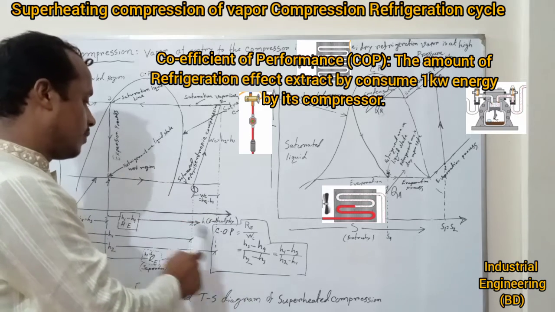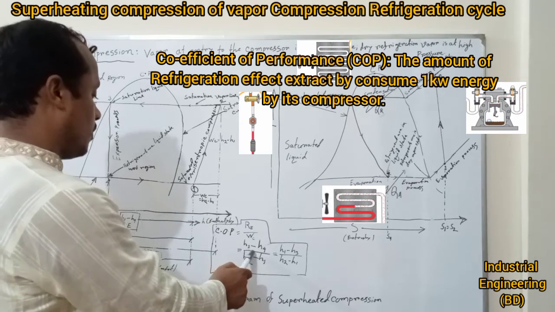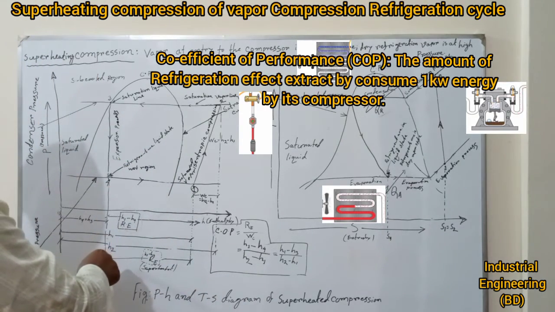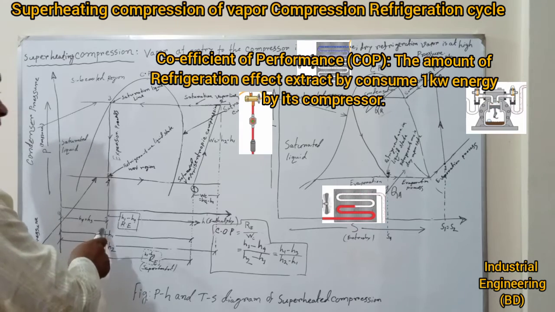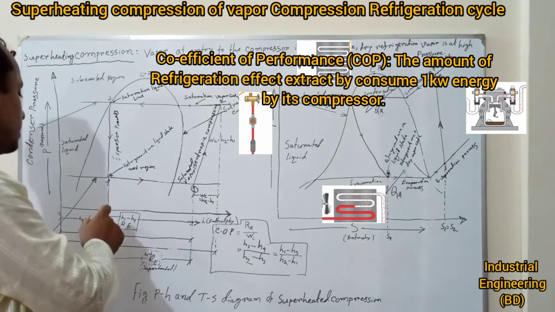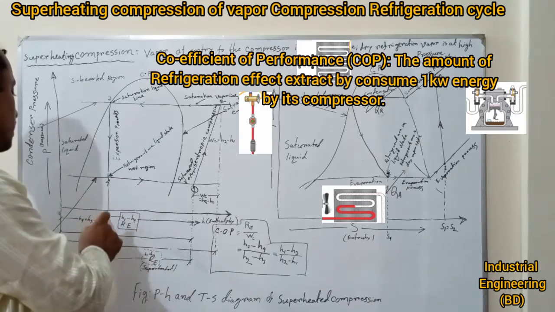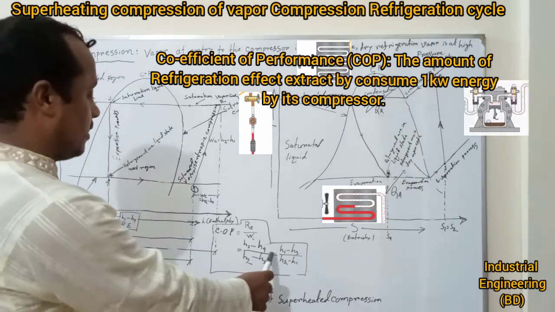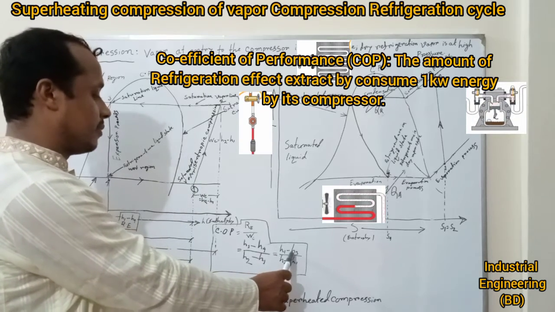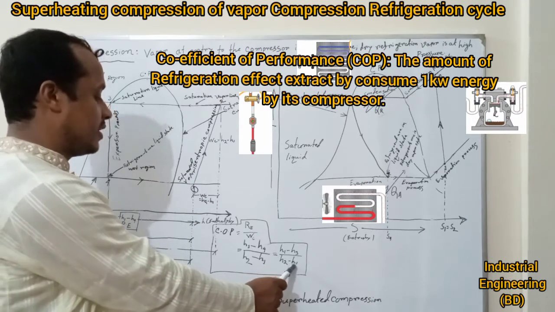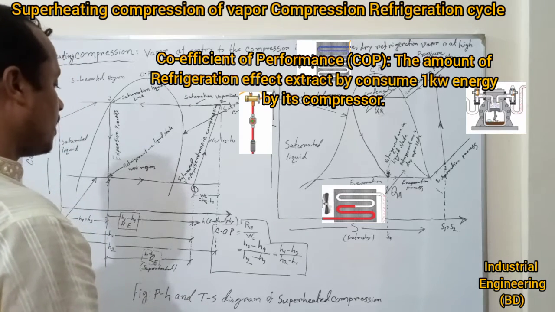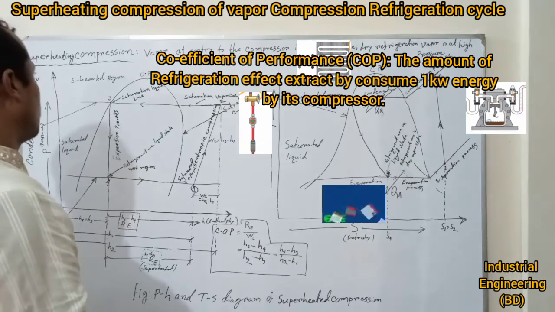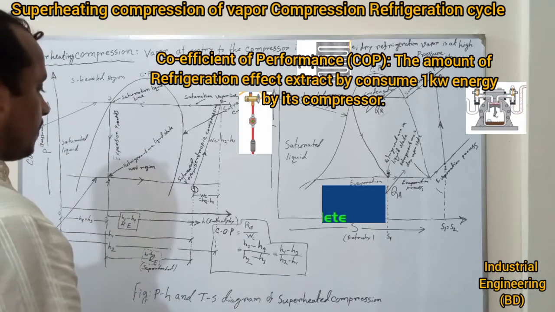Since process 3-4 is at constant enthalpy, H3 equals H4. So we can write COP equals H1 minus H3 divided by H2 minus H1. This is the formula of coefficient of performance for the superheated compression system.